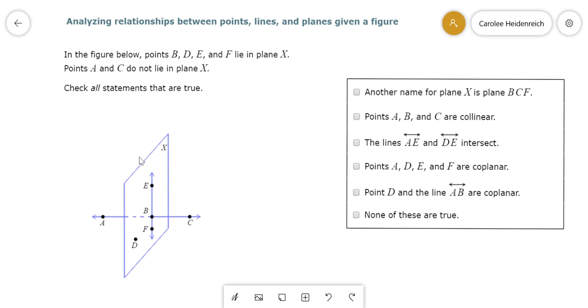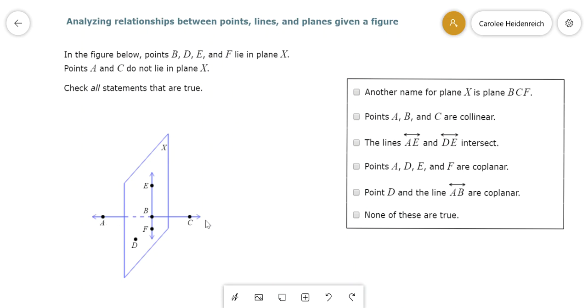The tricky thing here, first of all, is that this is a three-dimensional picture. A plane is a flat surface, and this plane is called plane X. It's kind of like a piece of paper going up, and to me it looks like it's going through the computer screen, however you want to look at that. And this line AC is going through the plane.